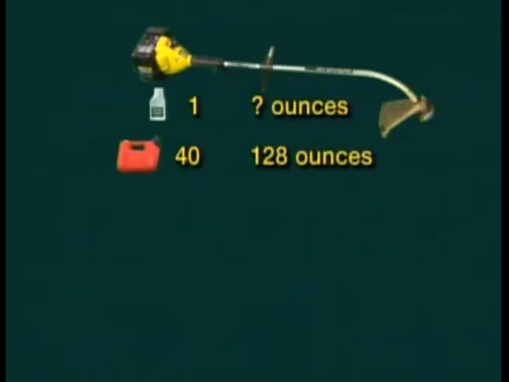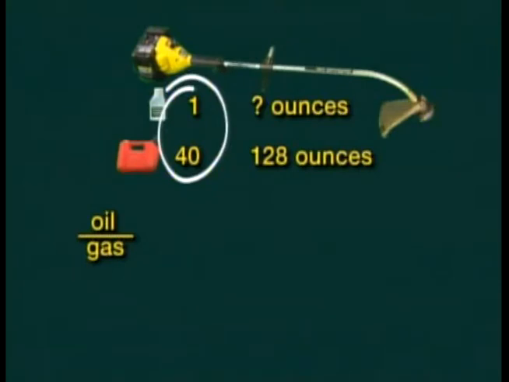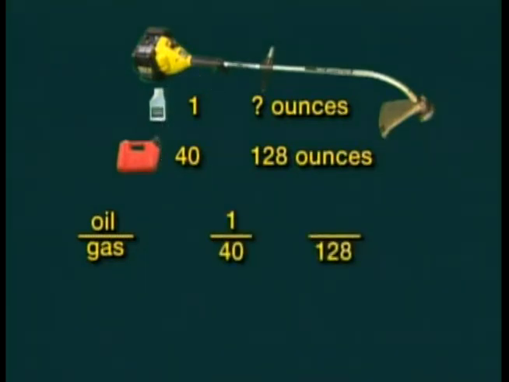Now let's think about the oil-to-gas mixture we want. We'll write a proportion. The fuel is supposed to be 1 part oil for every 40 parts of gas. The oil-to-gas ratio is 1/40. We have 128 ounces of gas. We'll add X ounces of oil. 1/40 is equal to X over 128.